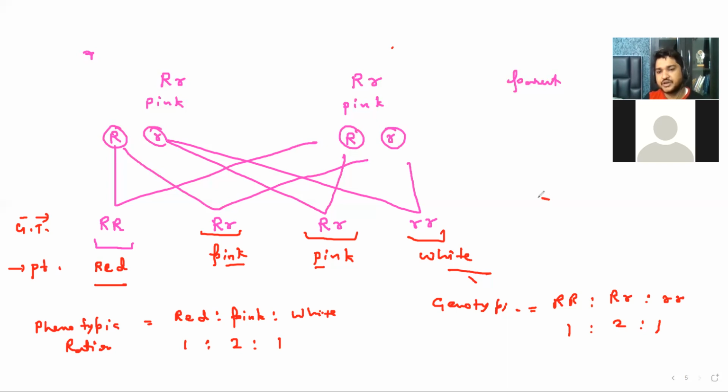So this incomplete dominance you will see in which flower? I told you the name. Snapdragon, Antirrhinum majus, it is the biological name, and it is also known as dog flower. Okay.